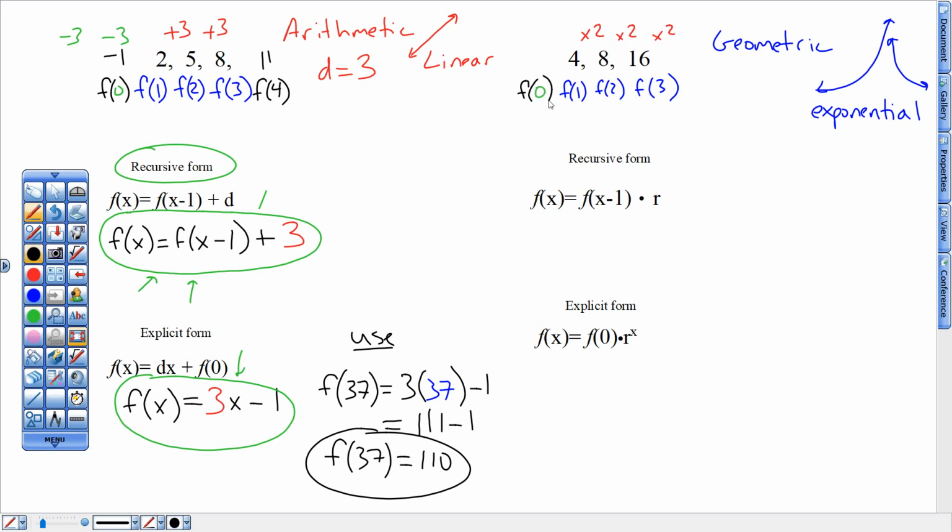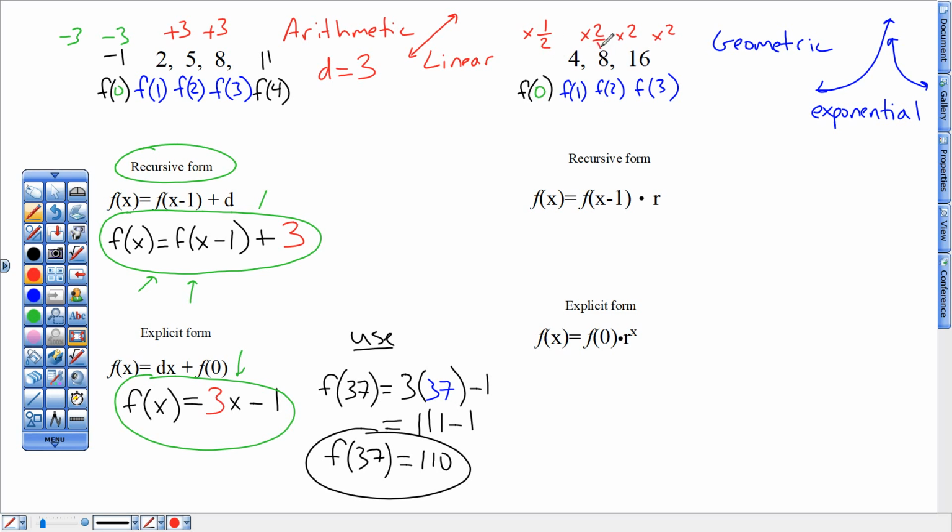So the opposite of timesing by 2 is dividing by 2, but remember, we don't show division, we show times all the way through. Dividing by 2 is the same as timesing by the reciprocal of 2. So 2, which is 2 over 1, timesing by the reciprocal is 1/2.